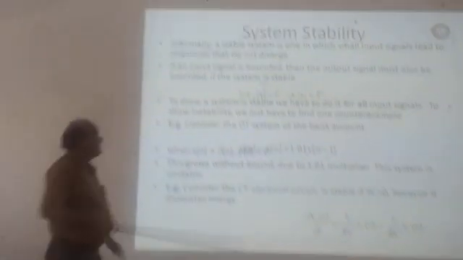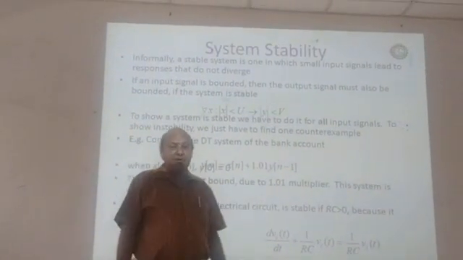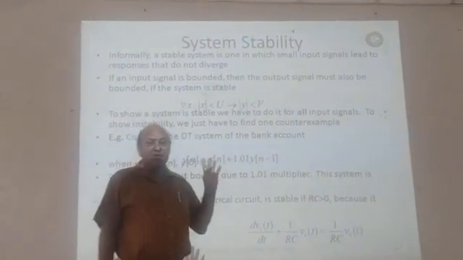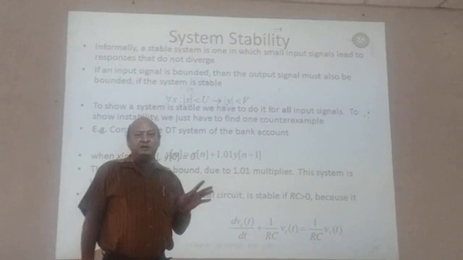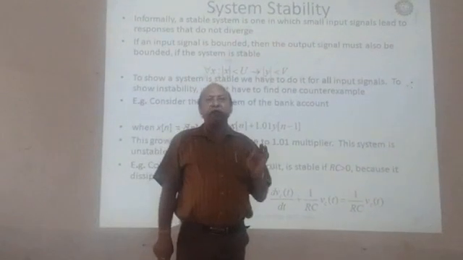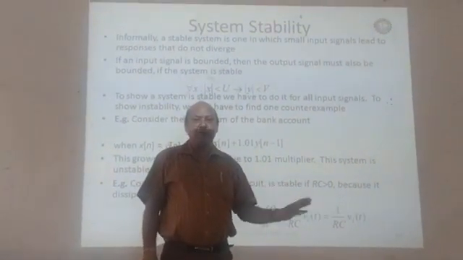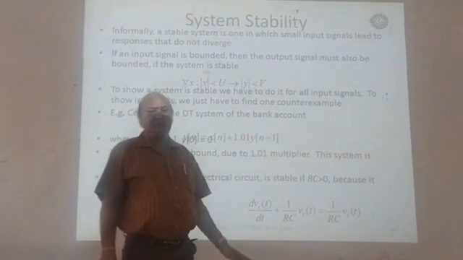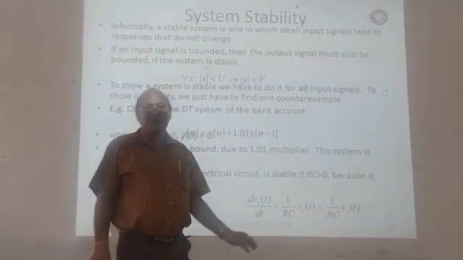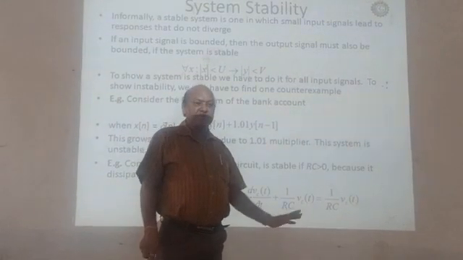And lastly, the stability. These two properties, causality and stability of the system, we have already seen. Roughly, stability means bounded input, bounded output. The system is called a BIBO stable system, that is a bounded input, bounded output system.